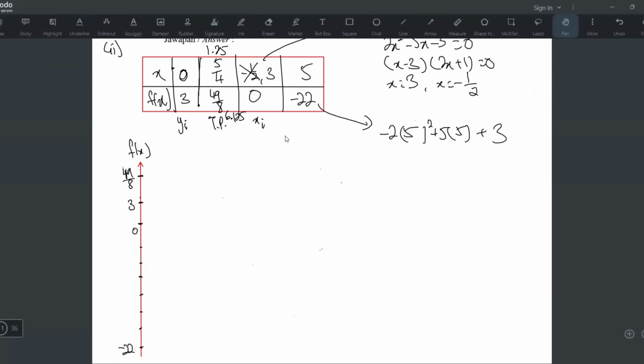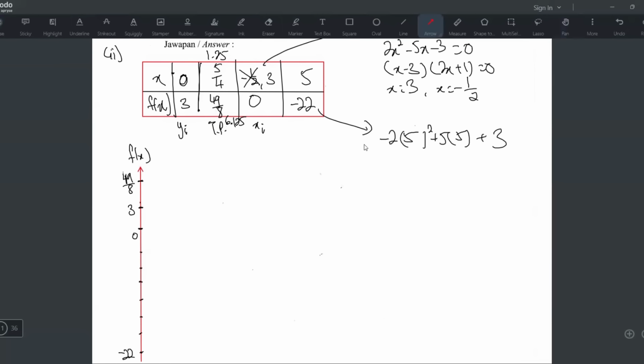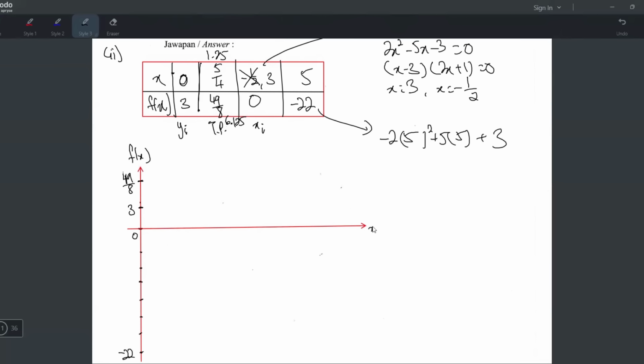Okay, and then for the x-axis, let's draw nice and big, like that. For the x, I haven't labeled 0, 1.25, 3, 5 yet. So I think you can go 1, 2, 3, 4, 5. I will not label all the values, only those that are used: 5, 3.